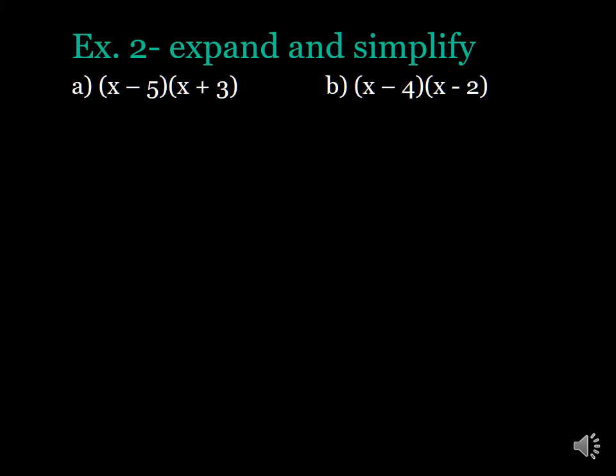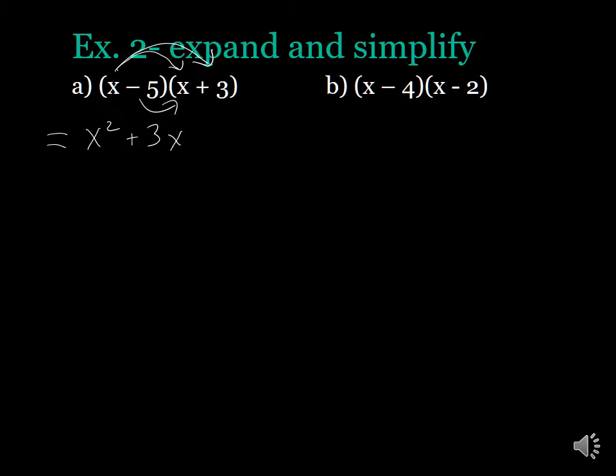So moving on to a couple other examples here just to practice. And I'm going to stop writing FOIL. If you want to write FOIL, you are more than welcome to, but I like to just do the arrows. So with A here, we're going to do first times first, x times x, x squared. Outside, x times 3, 3x.